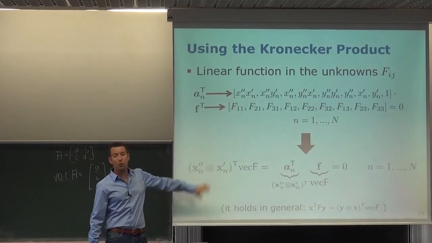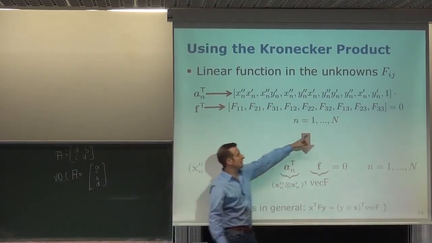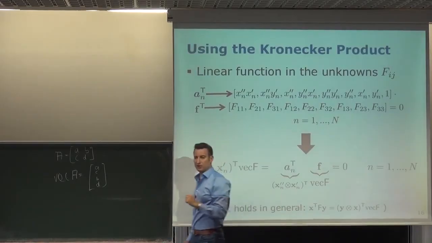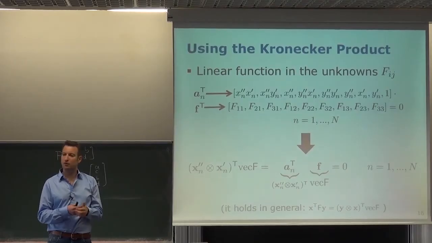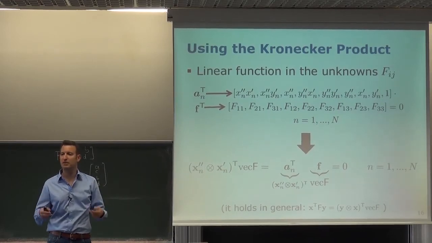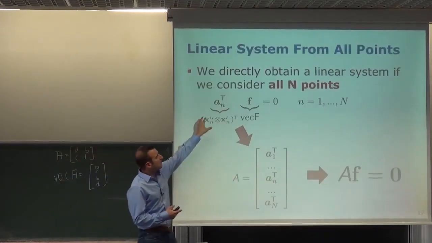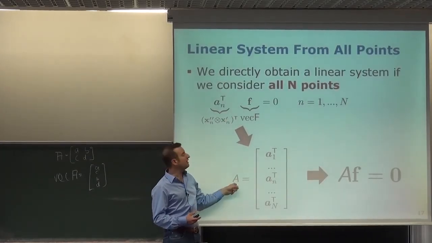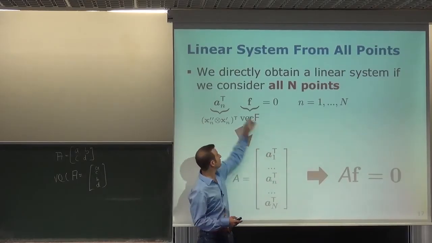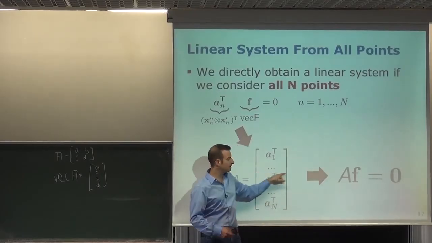This was done for one point, for one n. I have, however, capital N of those corresponding points. So I can repeat this process for every pair of corresponding points: for the first pair, for the second pair, third pair, and so on and so forth. And from this expression for one corresponding point, I simply build a matrix A, which takes these individual vectors a_n as its rows.